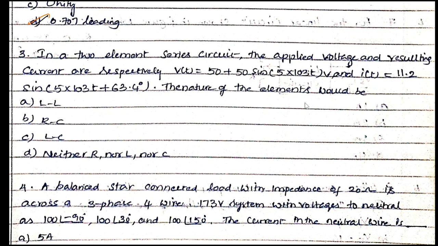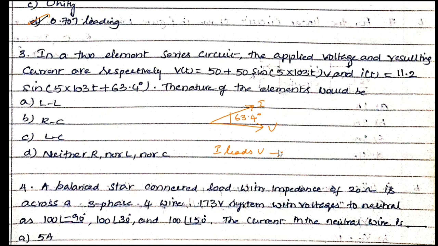The nature of the element here, if you take the voltage as reference, because its angle is 0, and if you see the current here, current leads by 63.4 degrees. That means current leads the voltage.